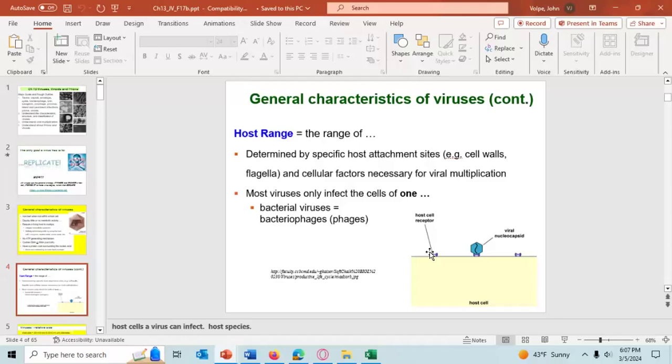All other cells, like your skin cells, your muscle cells, your bone cells, cannot get infected by HIV. And obviously the cells of your cat or your dog will not get HIV because it's the wrong species. It only infects certain cells of two species. That isn't the case for all viruses, but many viruses only infect some cells of one or a few species. And these are called the host species.